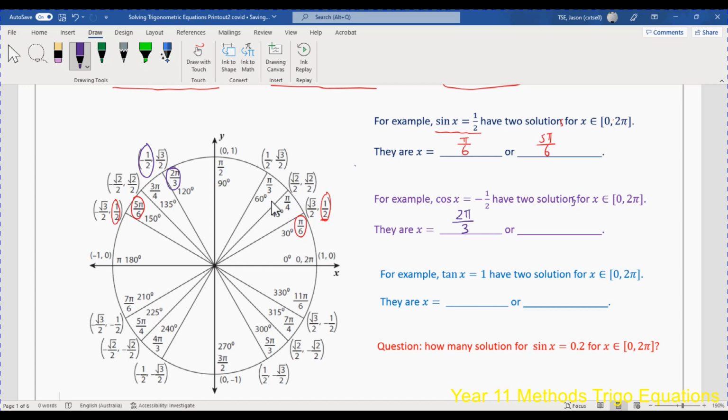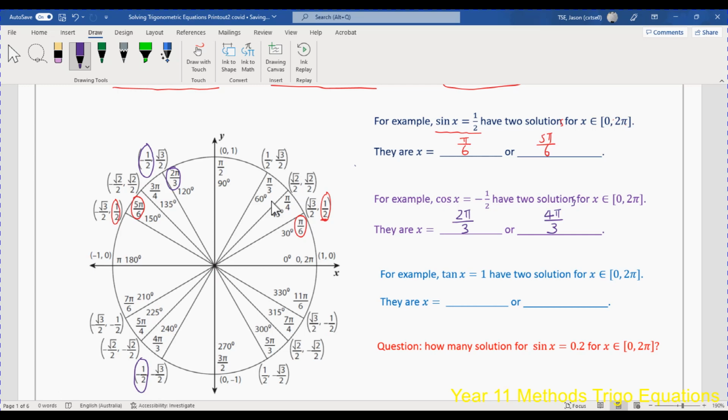When you go around to the third quadrant, then you can see another negative half. For that angle, this is 240 degrees, or 4 pi over 3. So we write 4 pi over 3 here. So now you see the two solutions for cosine x equals minus a half.